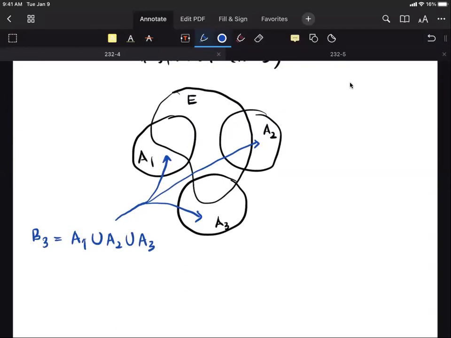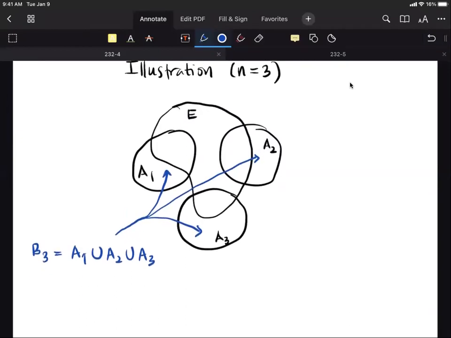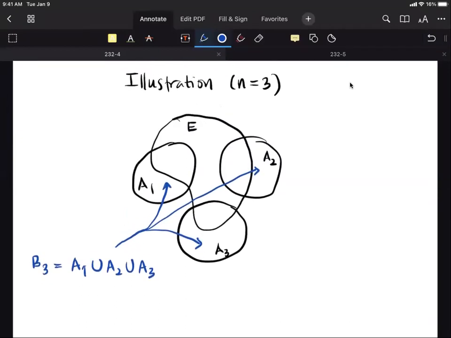Now, let us look at B3 intersection E. So let us look at, let's say, A3 intersection E. That region would be this part.